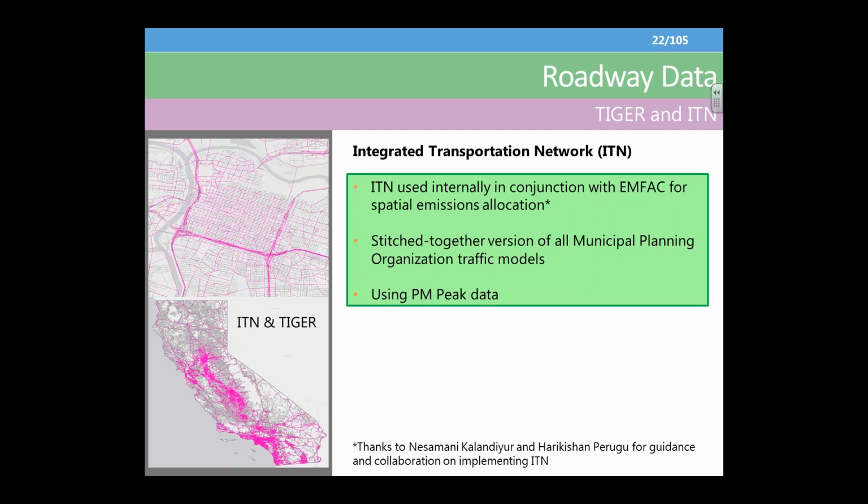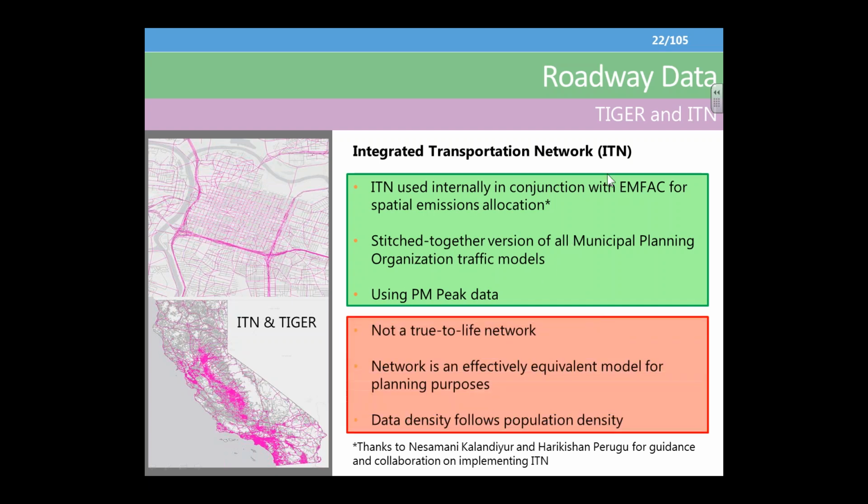It's essentially a stitched together version of the metropolitan planning organizations' traffic models, but ARB goes through significant efforts to make sure that the traffic model output data line up with each other, both in the geometry and in terms of the attributes that they provide. And it provides PM peak data, AM peak data, and off peak data. So it's a fairly rich data set, including speed, volume, and other metrics.